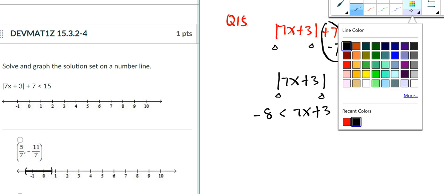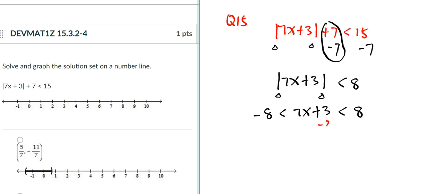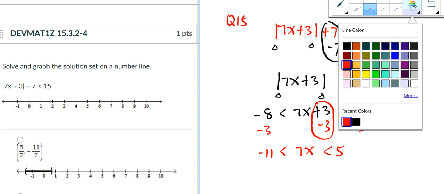Now, minus 3 everywhere, right? We isolate x. And these two positive, negative will be cancelled. Negative 11, 7x in the middle. And here is 8 minus 3.